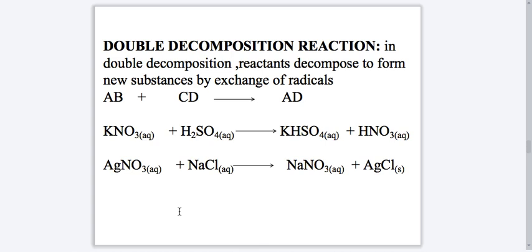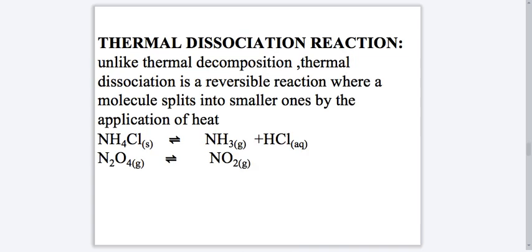NaNO3 is a soluble salt, while AgCl is an insoluble salt. This is a very good method of preparing an insoluble salt in the laboratory.